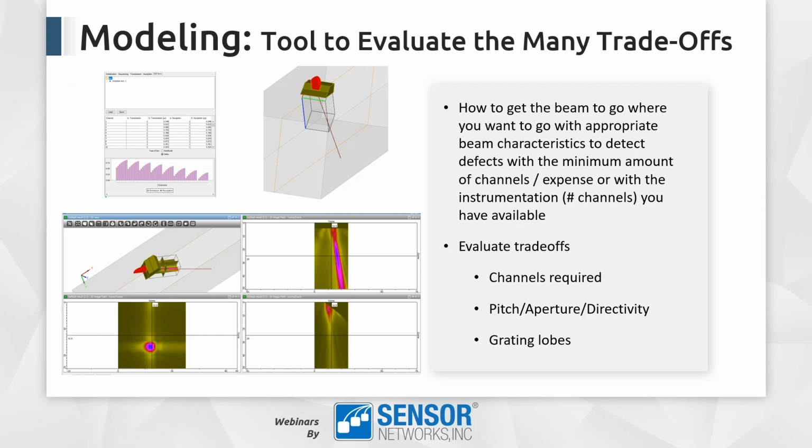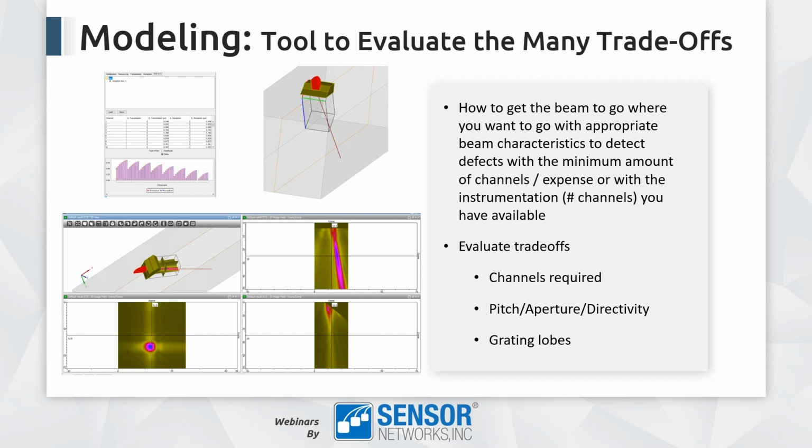Now, compared to linear arrays or more standard array geometries, one of the biggest differences for matrix arrays from the transducer design perspective is modeling, and the need to use modeling to evaluate all the trade-offs.